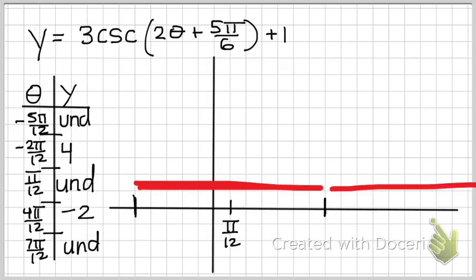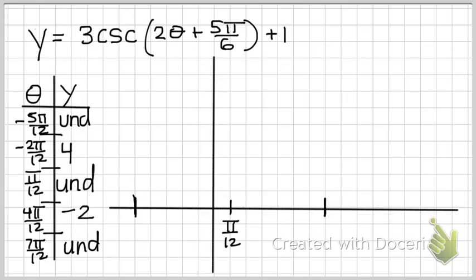I don't know if I'm going to have space to do it. So I got 5 over 12, and then 1, 2, 3, 4, 5, 6, 7, 8. Yeah, I don't have enough over here to get in a second cycle. So, fair enough. I could probably do it and maybe still read it. It's not ideal, but students don't always do what's ideal, right? So let me show you what this would look like in a less than ideal circumstance.